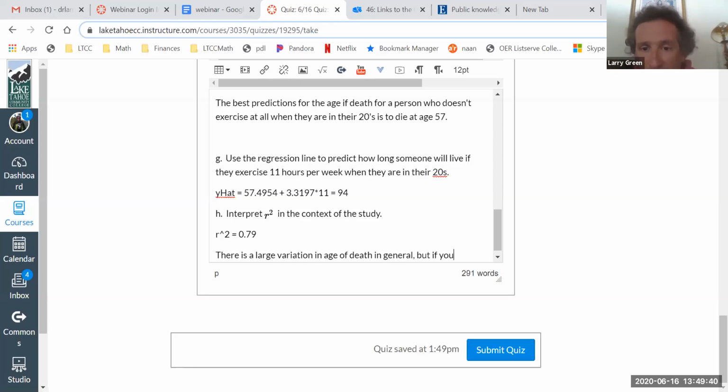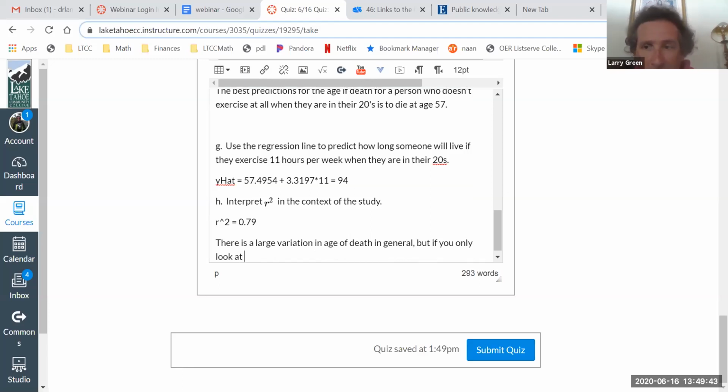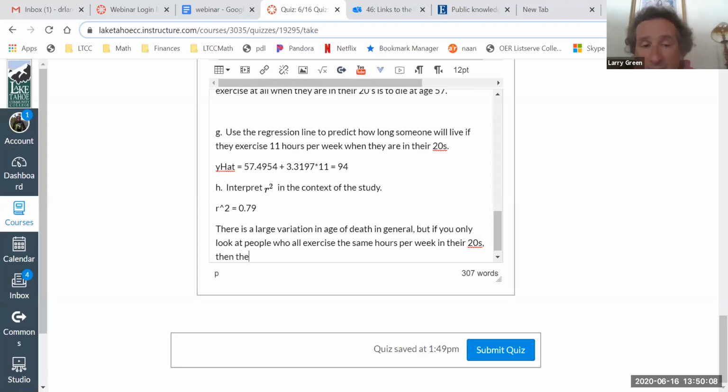But if you only look at people who all exercise the same hours per week in their 20s, then the variation of age of death on average decreases by 79%.